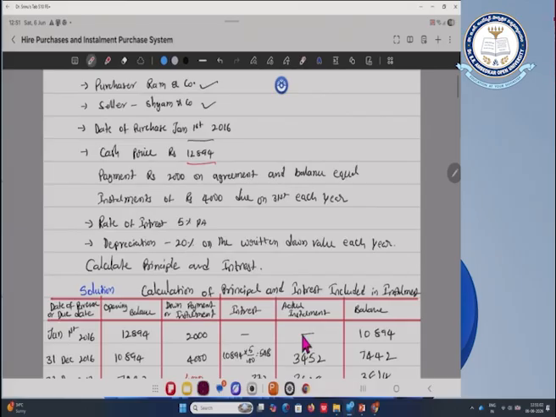The payment is 2,000 on agreement. This is nothing but a down payment, and the remaining balance they are going to pay in installments of 4,000 each. Every 31st December, year ending, they are going to pay. The rate of interest is 5% and depreciation is 20%. So, this is the problem.